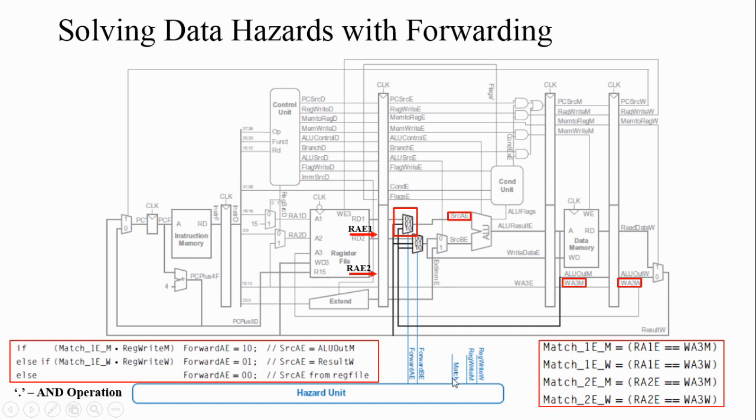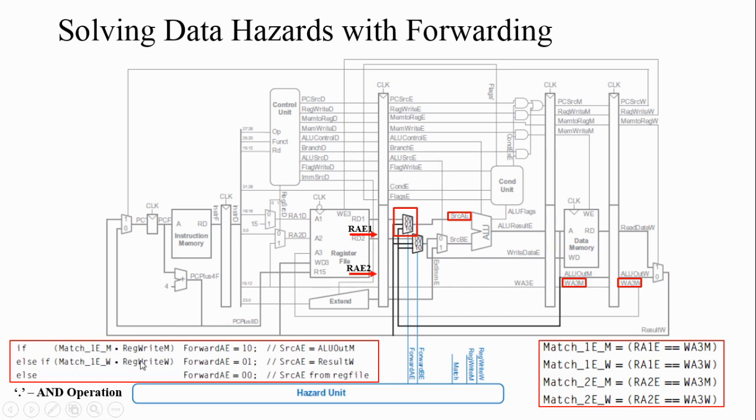So how are the match signals set based on this condition? If RA1E is equal to WA3M, then the 1EM match signal will be set. Similarly, if RA2E and WA3M match, then 2EM will be set, right? Similarly for the write back match signals.